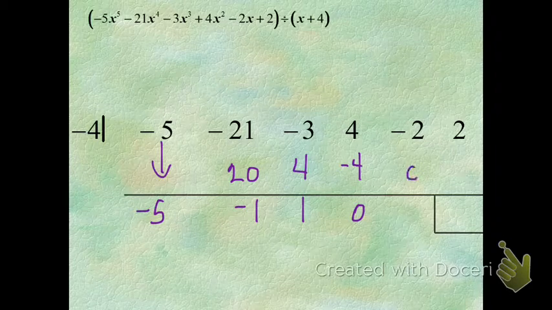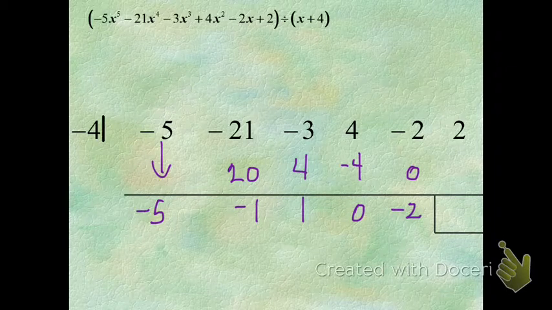Put that under the -2. So -2 plus 0 would just be -2. We're adding, right? Last one, -4 times -2 is 8. Put that below your 2. 2 plus 8 is 10. And we are done.